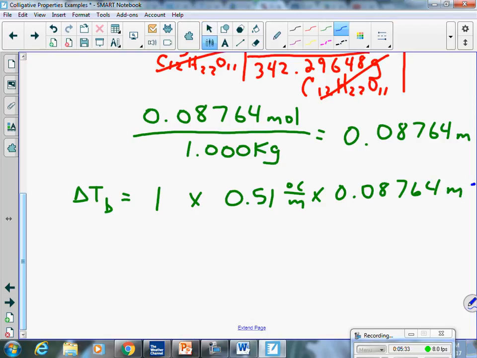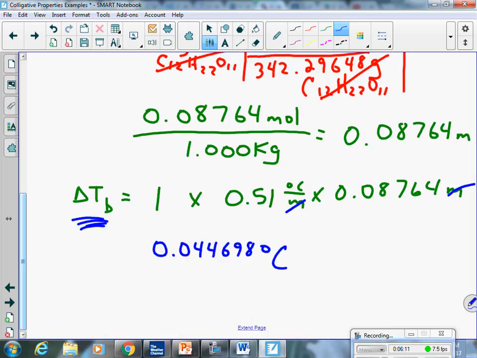As I can see, my molal is going to cancel, so it's going to leave me with degrees Celsius. And my final answer, well, not my final answer, but my change in the boiling point is going to be 0.044698 degrees Celsius. Now, I am not done, ladies and gentlemen, because that is the change in the boiling point.